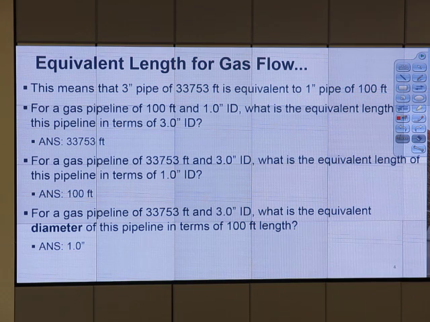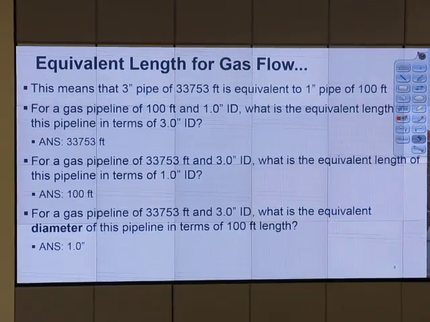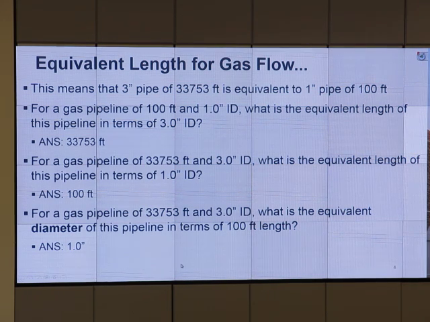For a gas pipeline of 100 feet and 1 inch ID, what is the equivalent length of this pipeline in terms of 3.0 inch?